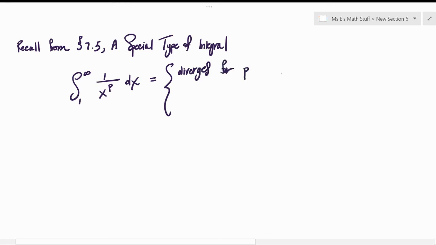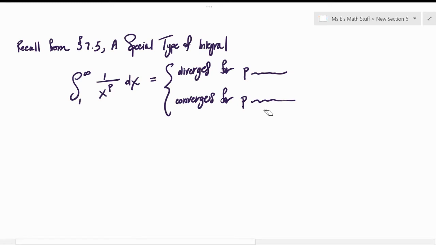And then there were certain p-values that would make this thing converge. If you remember, converging means adding up to something finite. So if you want it to converge, you'd have to have a p-value that would make this approach 0 really fast, so that even though you're adding up infinitely many terms, you could get something finite.